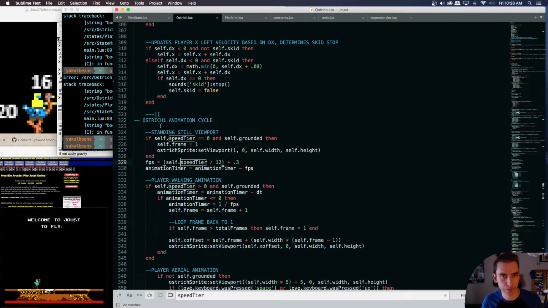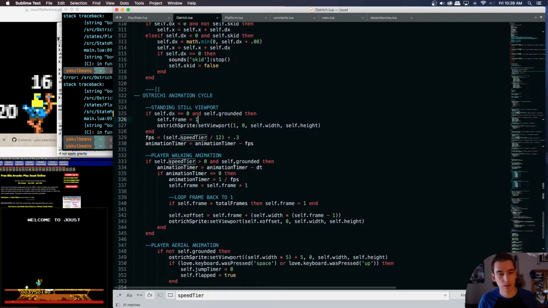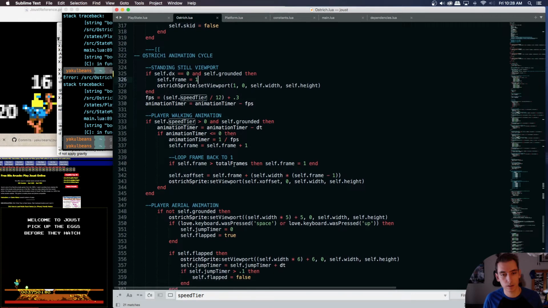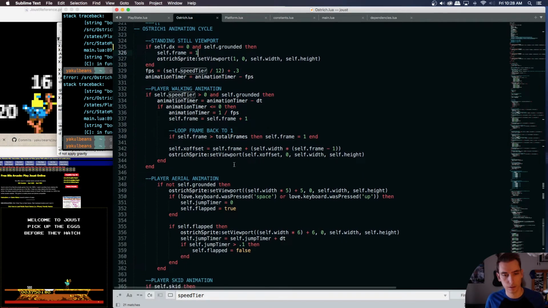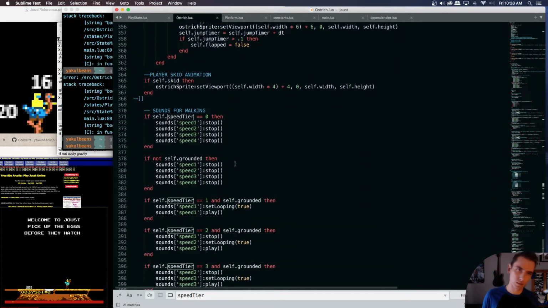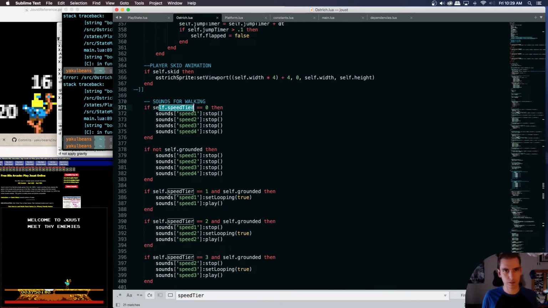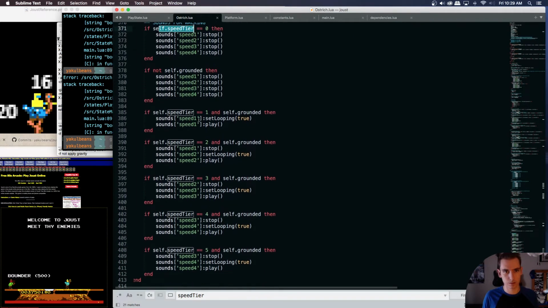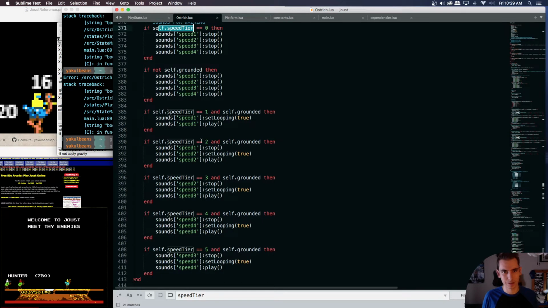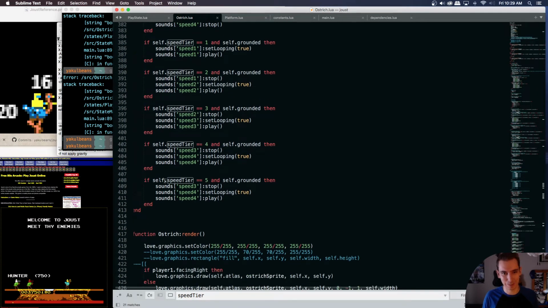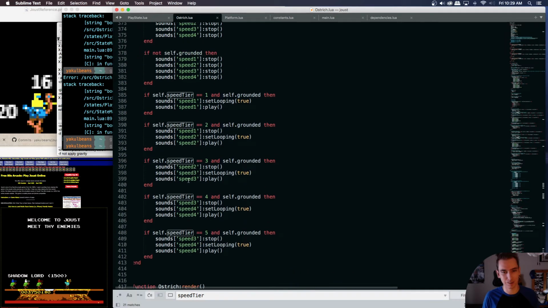So maybe now we just say, if our dx is 0 and you're grounded, set your viewport to the first frame. Okay. All our speedTier is locked or linked to all of our sounds as well.